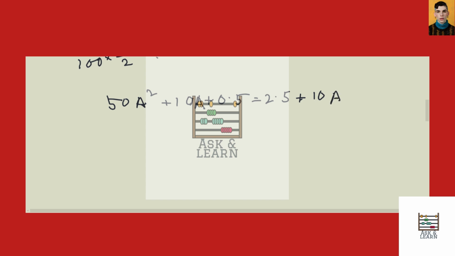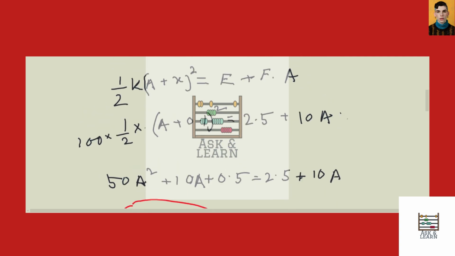Right. Now solving this quadratic equation, you will get the amplitude a equal to 0.2 meters. So this is the solution of part D.